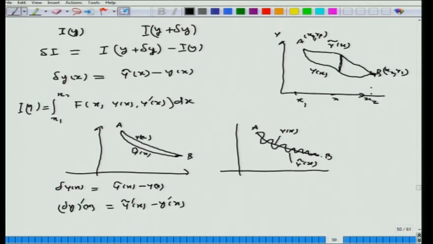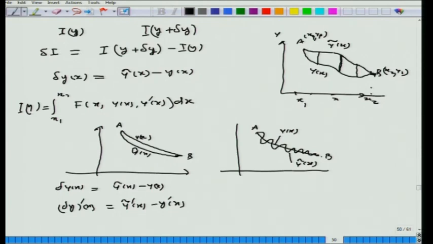So, this ordinate here, this upper one, minus the ordinate at this. So, this is the difference between those two ordinates. Whatever is remaining inside these two is what is defined as the variation delta y at x. If x changes over this whole interval, we have different delta y here, like this, here and like this.